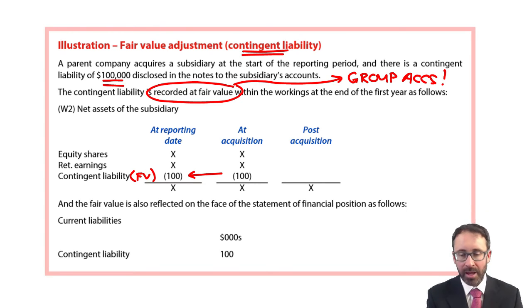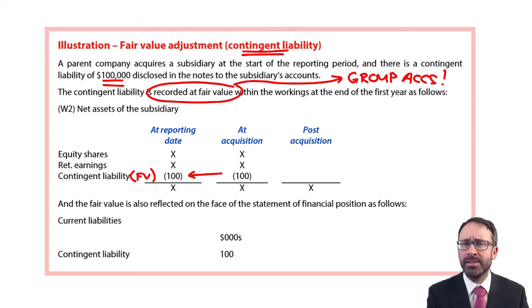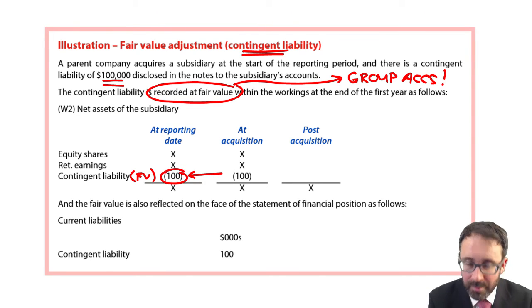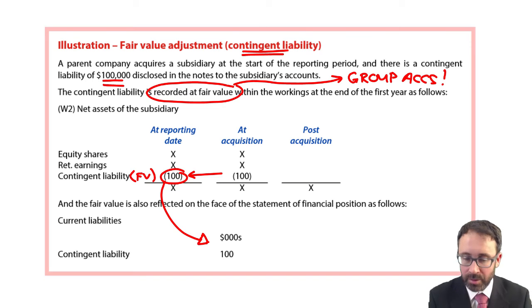Okay. And again, it's a liability, so we put it in brackets to reduce the net assets. We've reduced the amount that we paid, so therefore we reduce the value of the net assets. That 100,000 that is there at the reporting date, to make everything balance, it then needs to be reflected within the group statement of financial position as well.